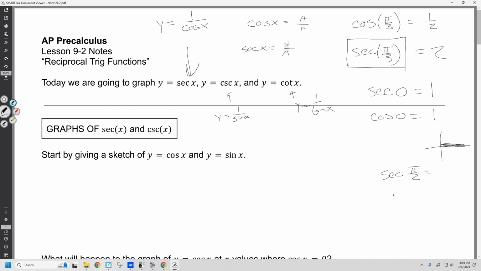The cosine of pi over 2 is 0: adjacent over hypotenuse, 0 over 1. Secant of pi over 2 is hypotenuse over adjacent. We talk about our hypotenuse always being 1, so this is like 1 over 0. 0 flips, becomes undefined.